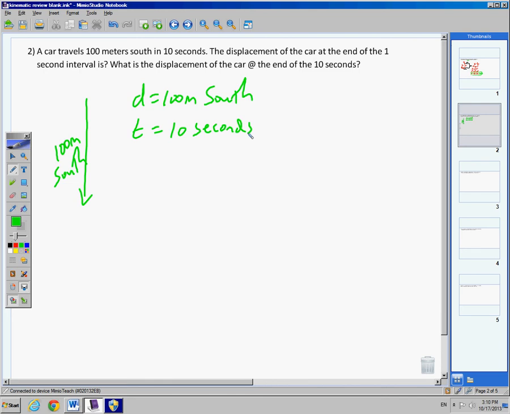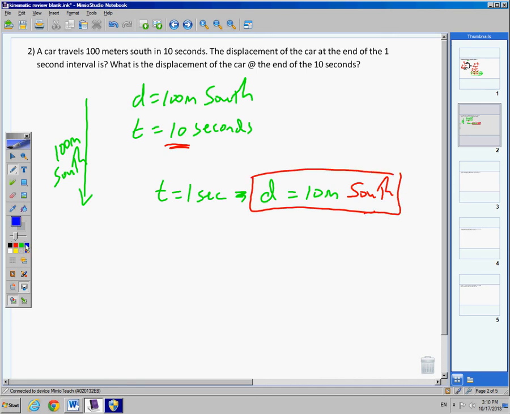Well, I know that in 1 second, the distance was 10 meters. That makes sense. So every second that the object traveled, because it was 10 seconds, it moved 10 meters south. So the displacement here would be 10 meters south.